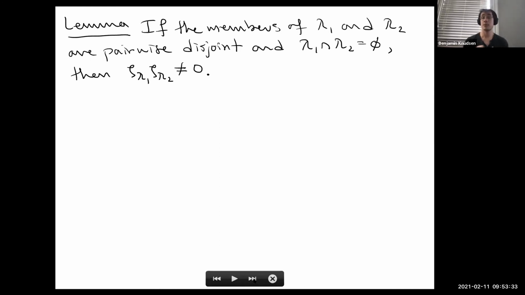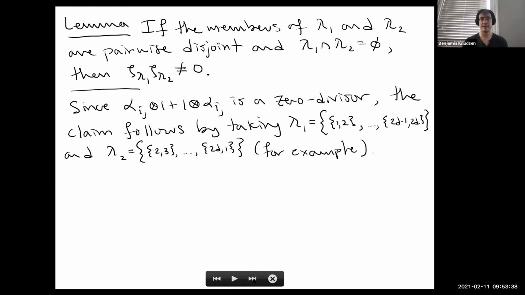Okay, and so, if we believe that, then since this alpha ij tensor 1 plus 1 tensor alpha ij is a zero divisor, I now have the lower bound that I wanted, 2D, because zeta lambda 1 times zeta lambda 2 is a product of 2D zero divisors.